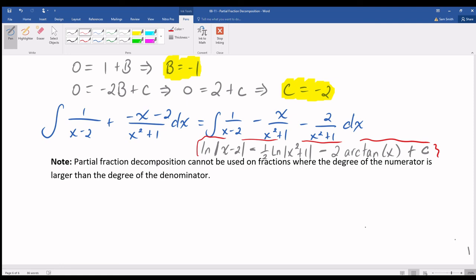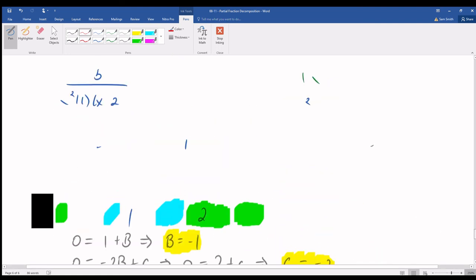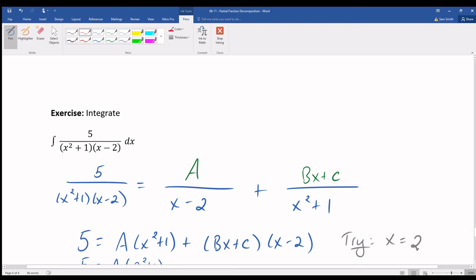Partial fraction decomposition, as we have done it, is a process that can only be applied if your original rational expression has a degree in the numerator that is smaller than the degree of the denominator. For example, the degree of this denominator is 3, from x squared times x, giving you an x cubed. And the numerator has a degree of 0, which is significantly smaller than 3.